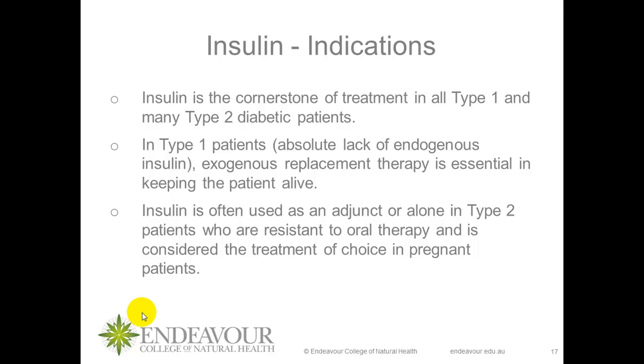As we said, an adjunct in type 2, and the treatment of choice for a person who is pregnant and has developed gestational diabetes, being a hormone and also being the human recombinant form of insulin that's used these days, it's reasonably safe for the fetus.